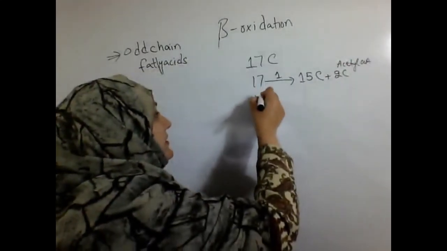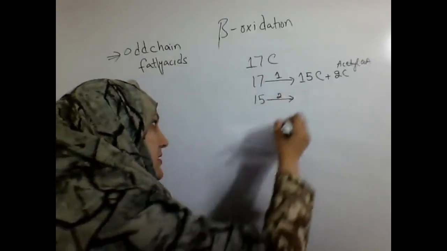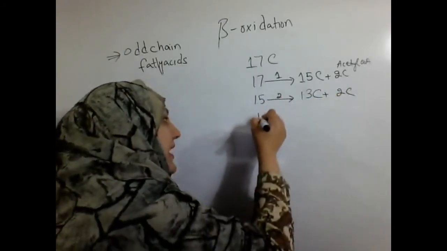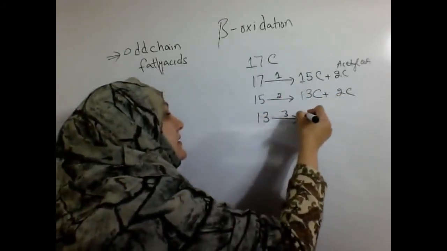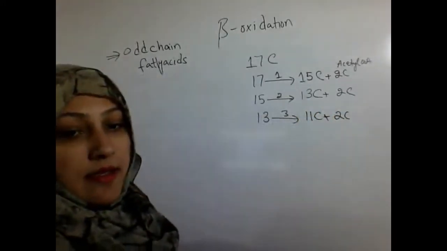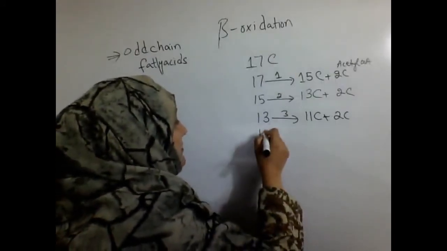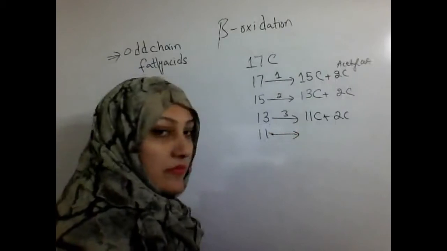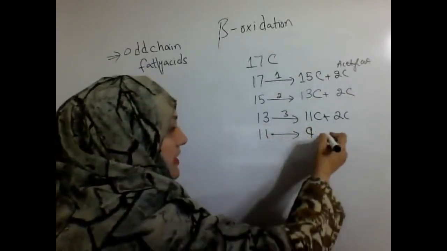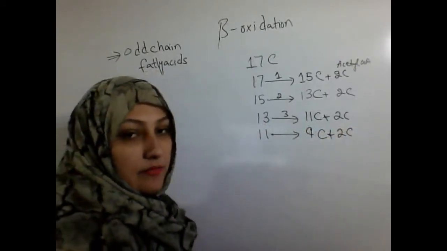Then in the second cycle, this 15 carbon molecule is converted into 13 carbon plus 2 carbon acetyl CoA. Then in the third cycle, this is converted into 11 carbon plus 2 carbon acetyl CoA. Then this 11 carbon molecule is converted into 9 carbon plus 2 carbon acetyl CoA.